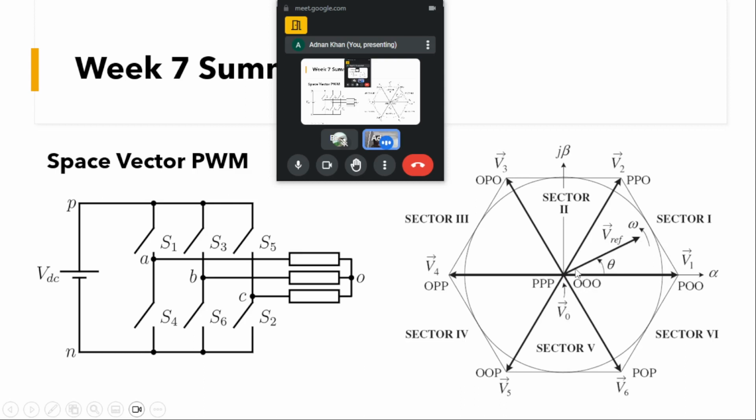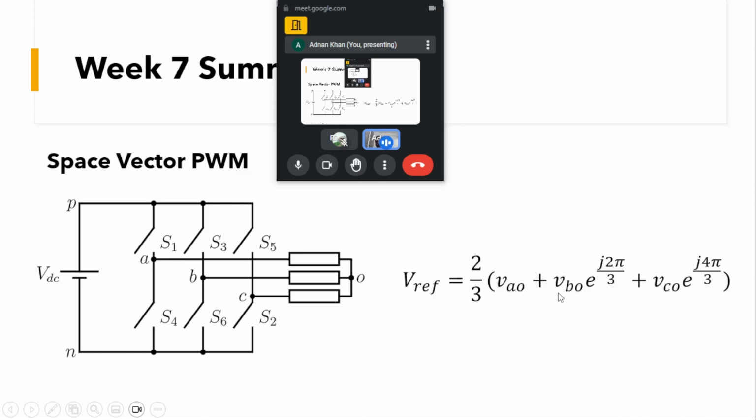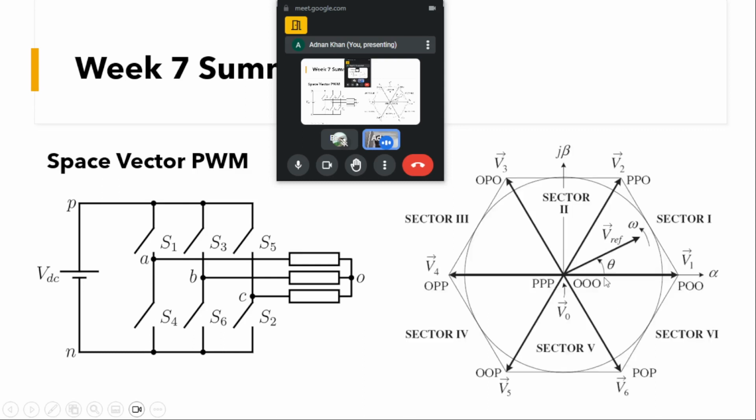And now if our switching state is POO, that means this is on and these two are off. If we put in the values here, you will see that this Vref will align with the 0 axis, and the amplitude of it will be 2/3, and this will be equal to the maximum amplitude.